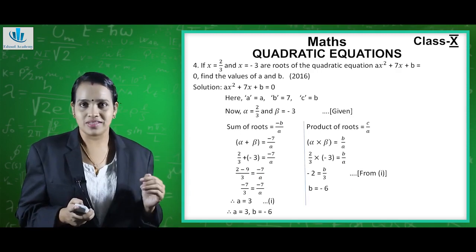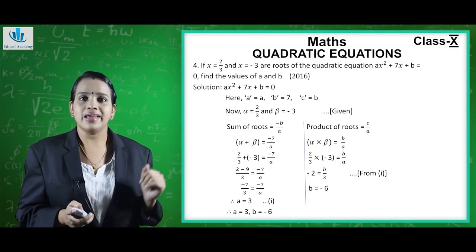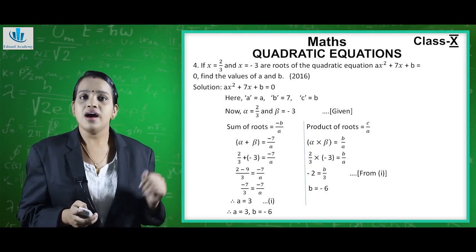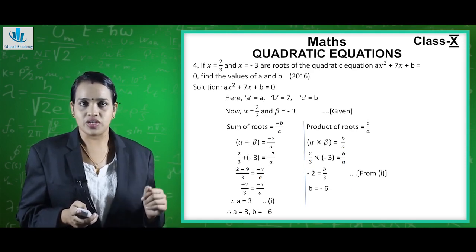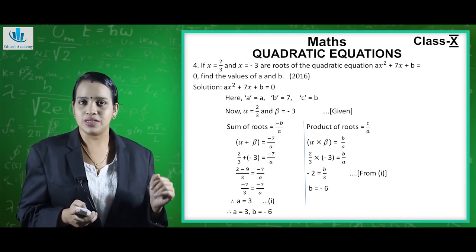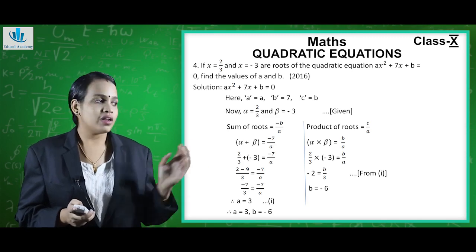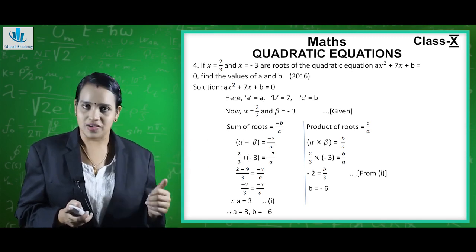Now our next question is, if x = 2/3 and x = −3 are the roots of the quadratic equation ax² + 7x + b = 0, we have to find the value of a and b. This question has appeared in the year 2016.